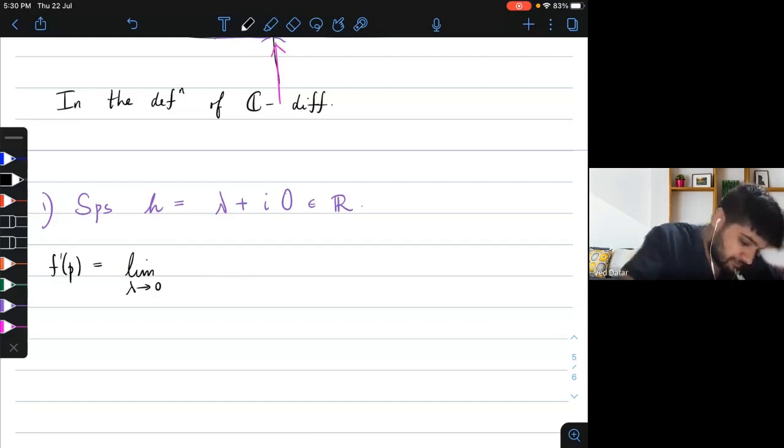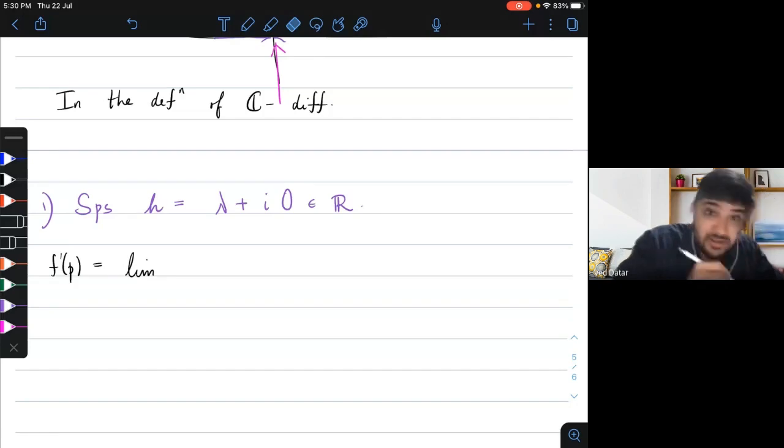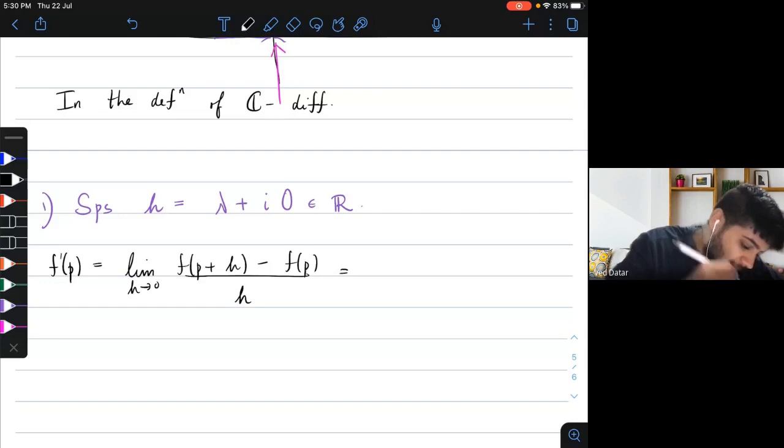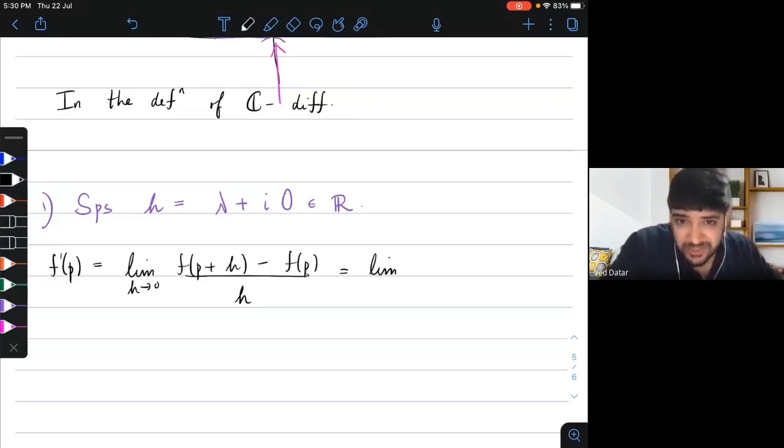Sorry, maybe let's write it down carefully. So by definition, it is this. But then h is equal to lambda, which is now a real number.